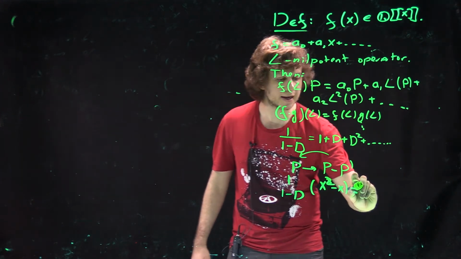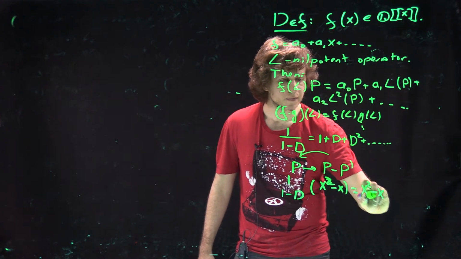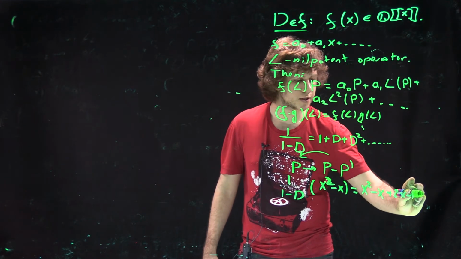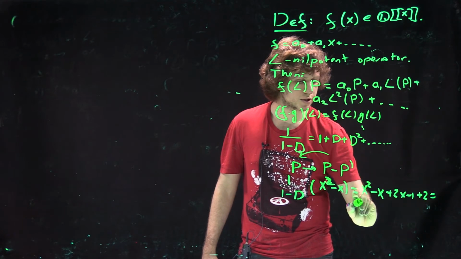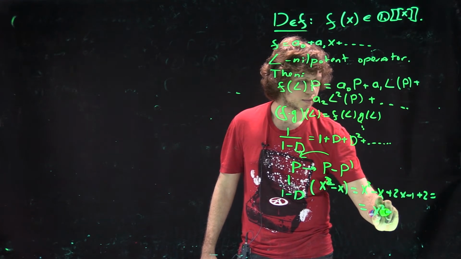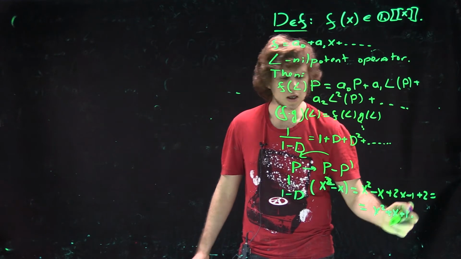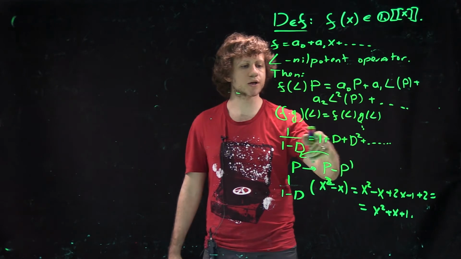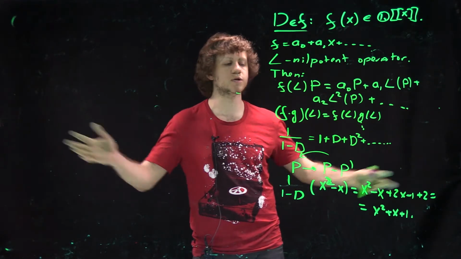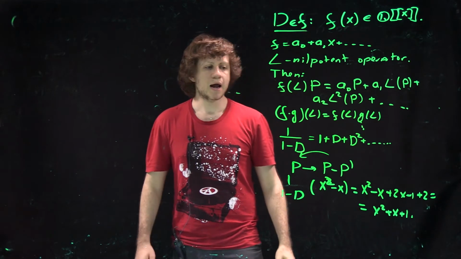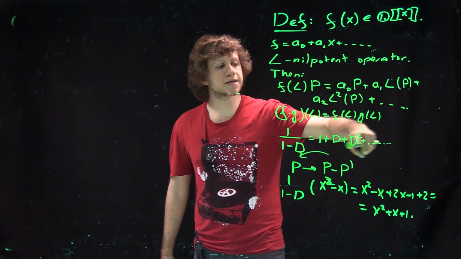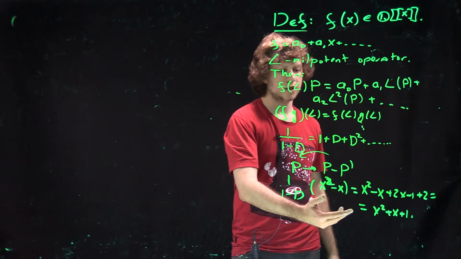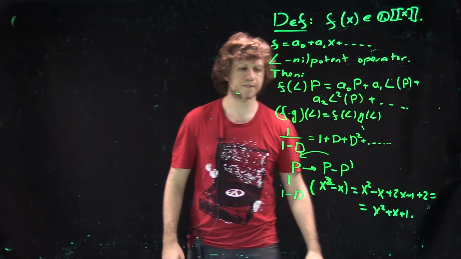When I apply 1, I get x squared minus x, plus the derivative 2x minus 1, plus the second derivative 2, which is just x squared plus x plus 1. You see, that's a totally meaningful thing one can do. To every polynomial, you can take the polynomial, first derivative, second derivative, and so on, add them up, and get a new polynomial. Though this expression formally has infinitely many terms, everything after degree 2 will give you 0 when you apply it to a degree 2 polynomial.